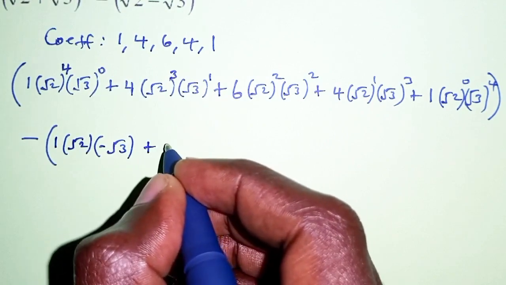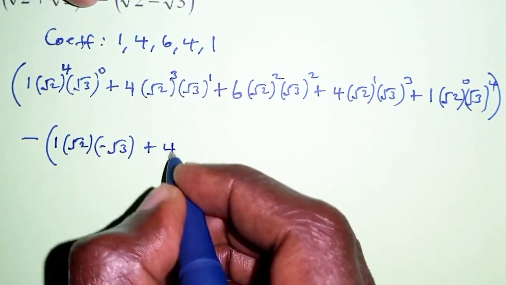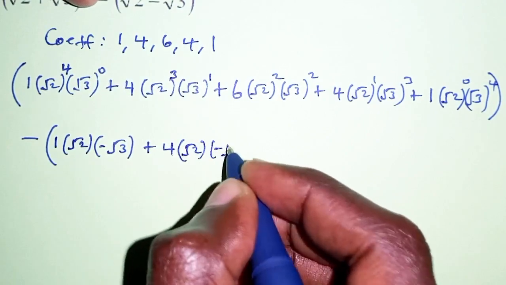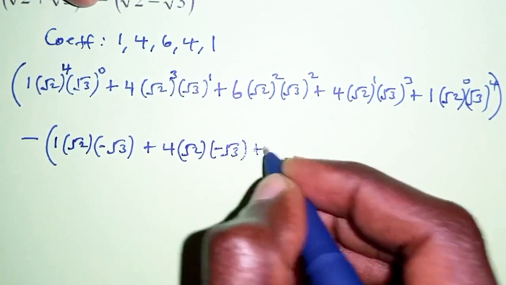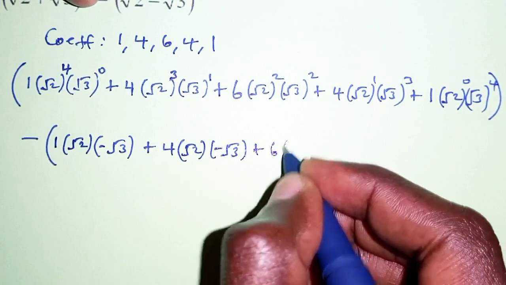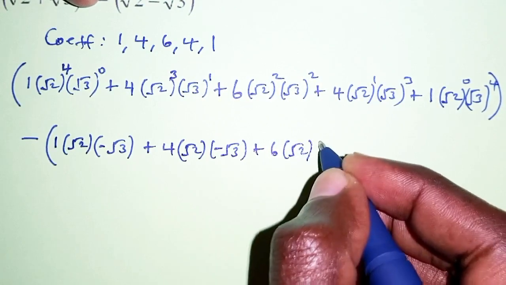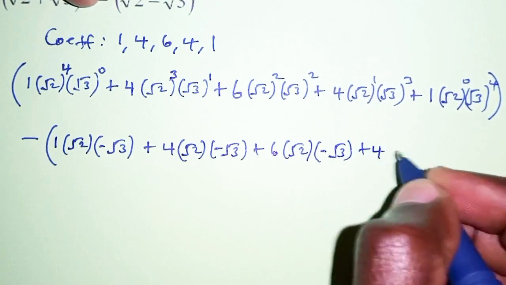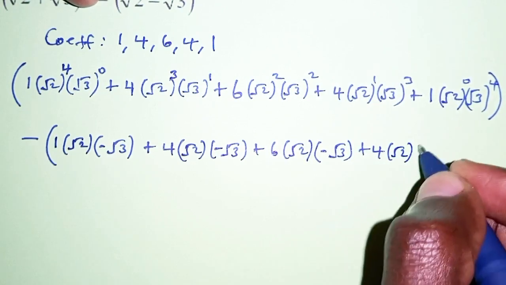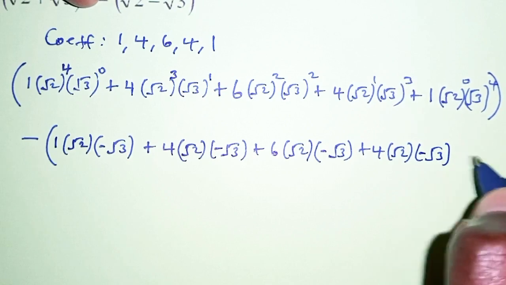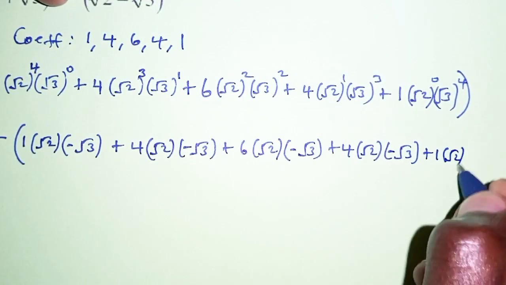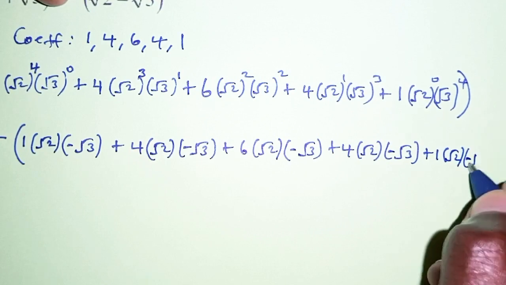plus the next term is 4, root 2, negative root 3, plus 6, root 2, negative root 3, plus 4, root 2, negative root 3, and finally plus 1, root 2, negative root 3.